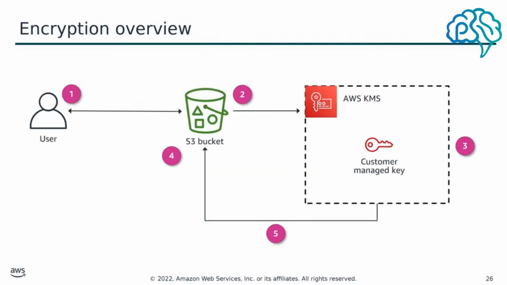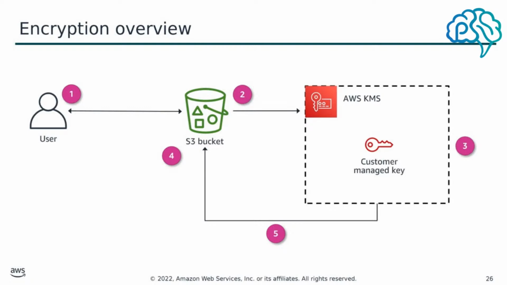All right, let's talk about encryption overview next here. In this particular diagram, you would upload a file and store it in an encrypted object in S3. Your Amazon S3 request then would grab the data from AWS KMS to use the ability to encrypt it.